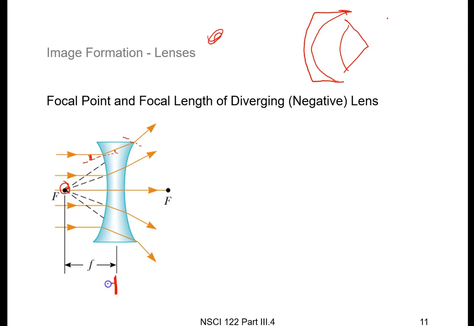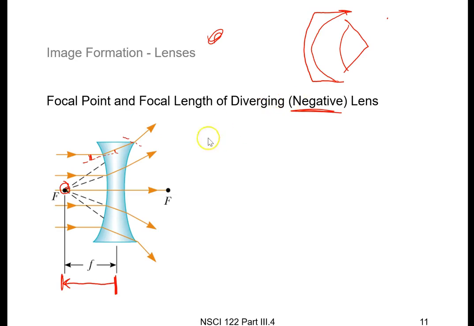So if I measure the focal length from the center of the lens to that focal point, see that arrow points to the left. So in formulas, I would have to make sure I put in a negative focal length in order for the formulas to work properly. So that's why we call it a negative lens.